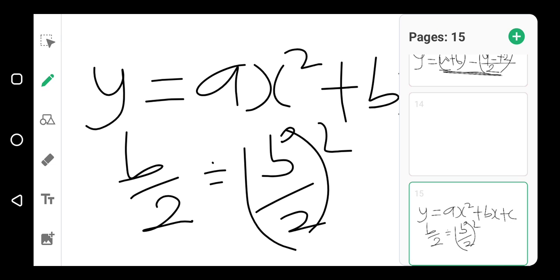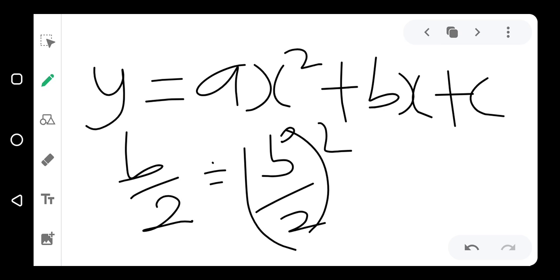But before we do, we've not divided, we have to divide by the coefficient of x to make it 1.